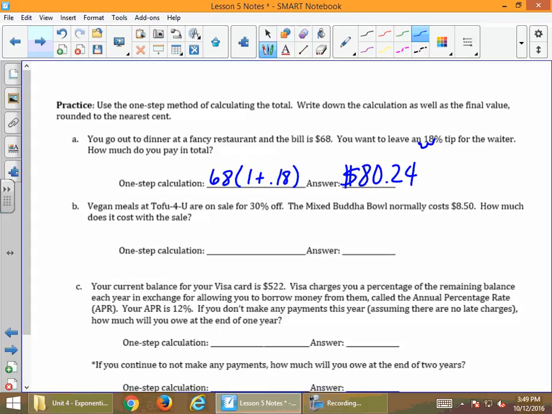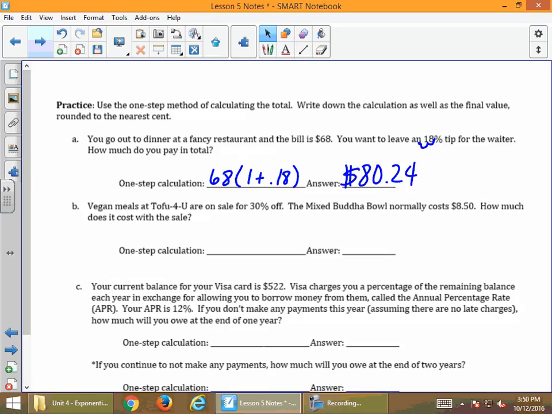Same thing for B. It says Megan feels that tofu for you are on sale for 30% off. The mixed food bowl normally costs $8.50. How much does it cost with the sale? This is a little different because in the past you added a tip or you added on tax. For B, it's a little different because you're taking off a percent.